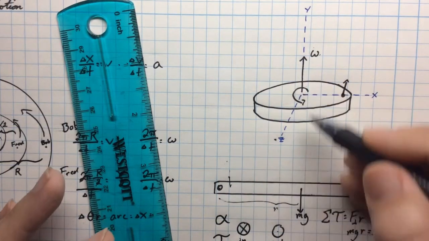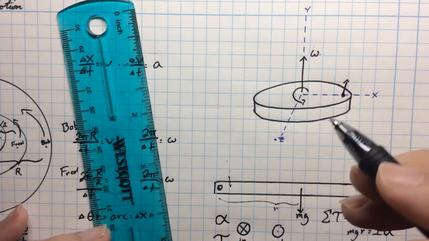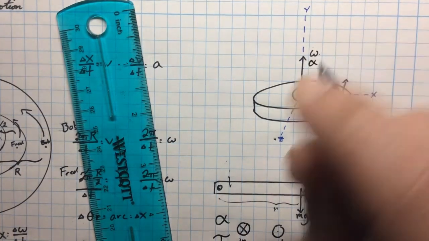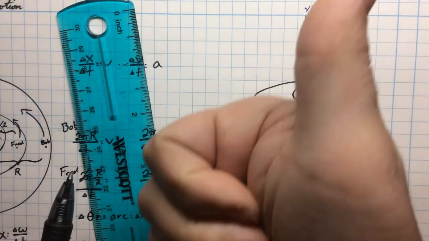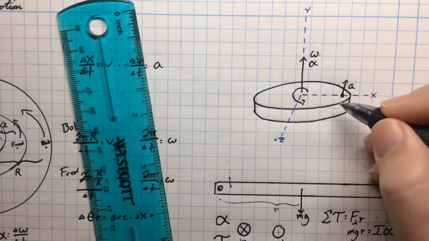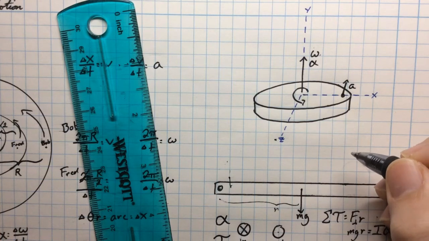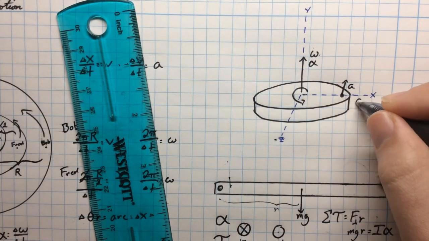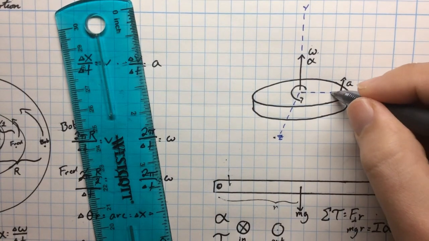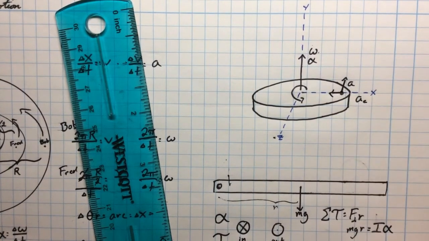And maybe this whole thing's speeding up. If it's speeding up, then that means we have some angular acceleration. So the angular acceleration would also be pointed, curl your fingers, in that upwards direction, while its tangential acceleration would still be pointed along the lines of that positive z-axis. And then you'd have some kind of centripetal acceleration, because, hey, it's moving in a circle, in the negative x-axis, because you've got to point in towards the center of the circle.